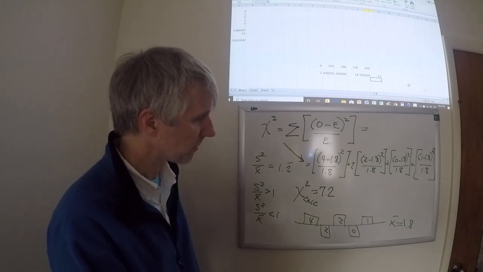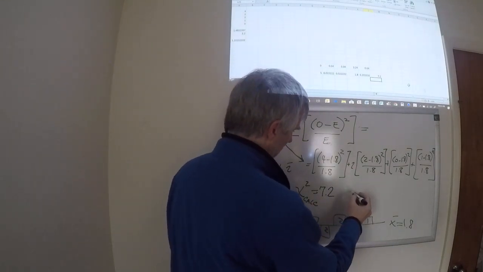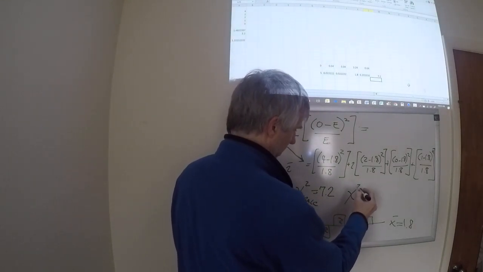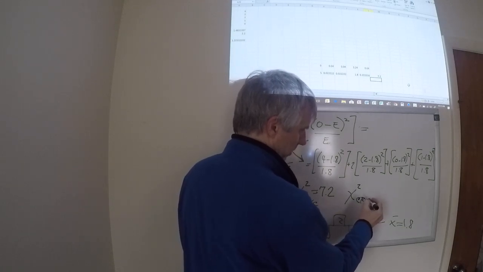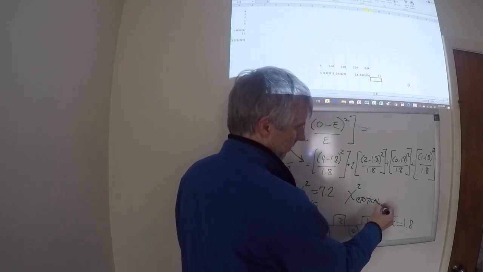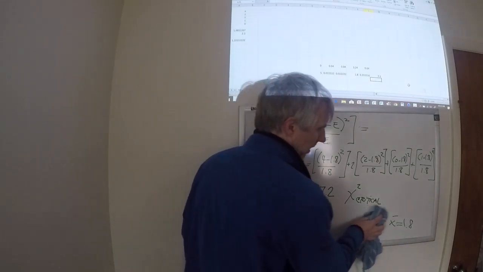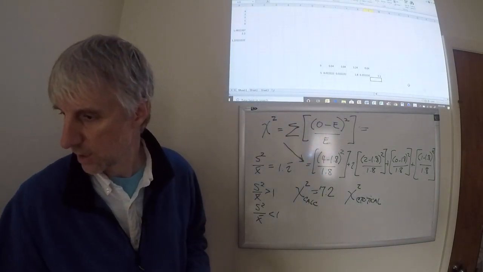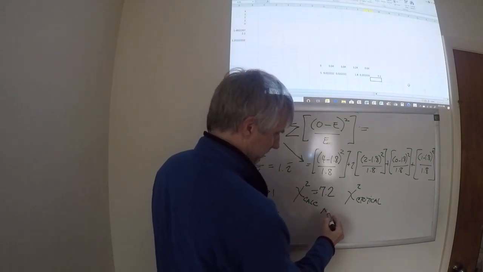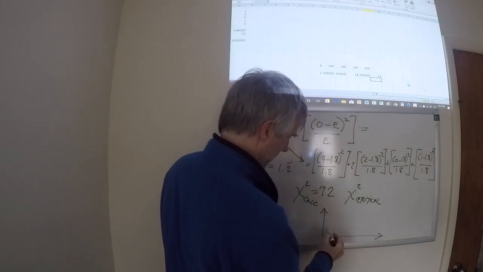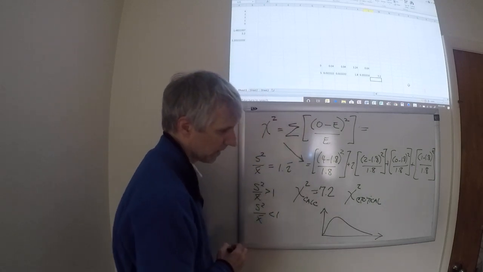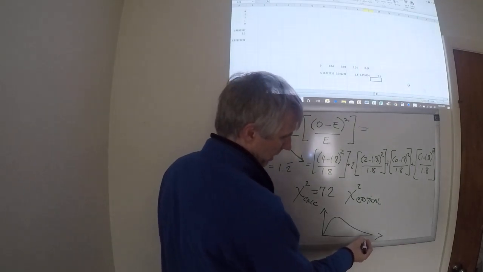Okay? Then what we'll do is what's called a chi-square critical. In these distributions, like the chi-square distribution, it looks a bit like this.